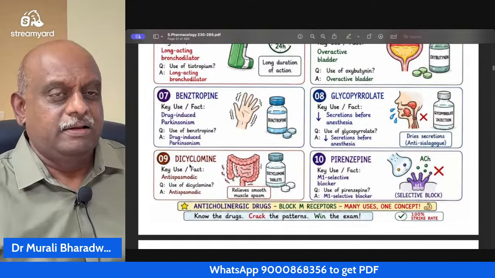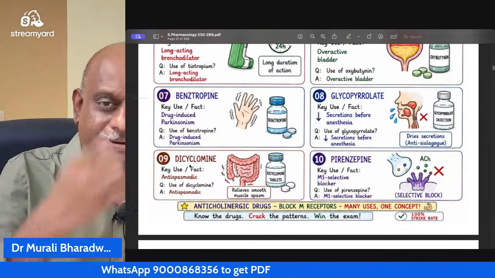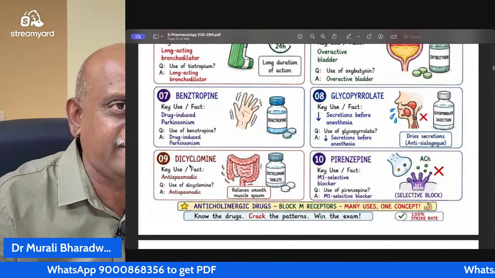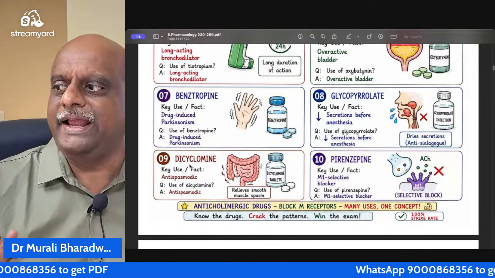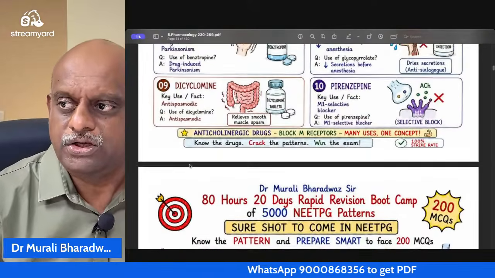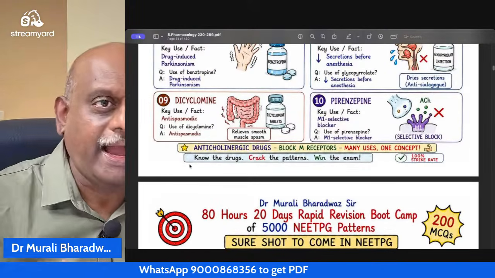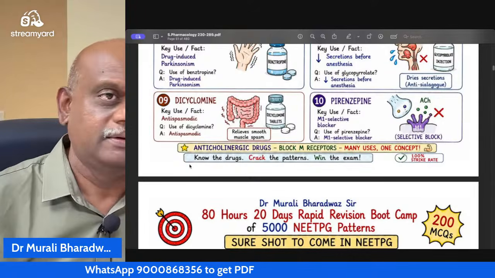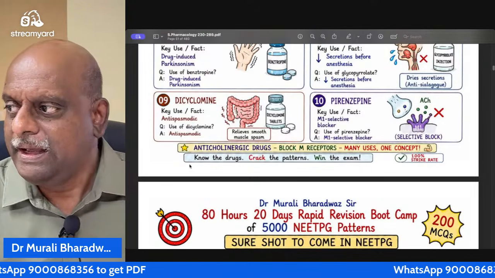Glycopyrrolate. Before patient is paraded into anesthesia, for you to do the intubation electively, you need to have a dry mouth. For that, we use the anticholinergic glycopyrrolate. Similarly, dicyclomine is used as an antispasmodic, which is also anticholinergic, relieves smooth muscle spasm.